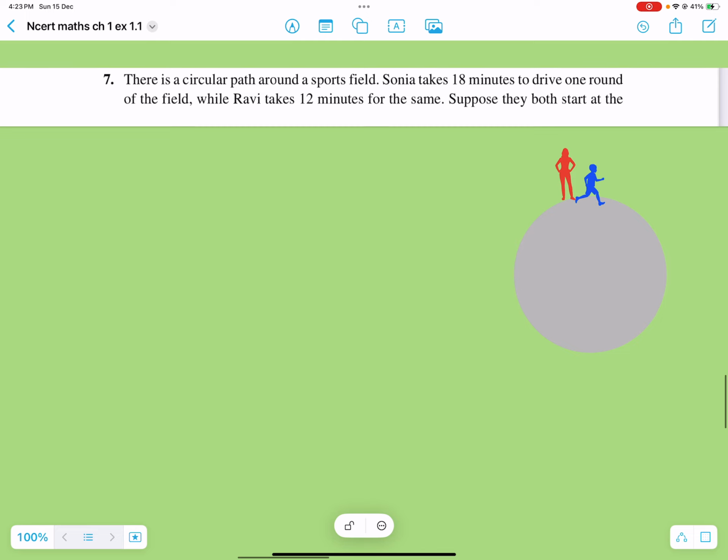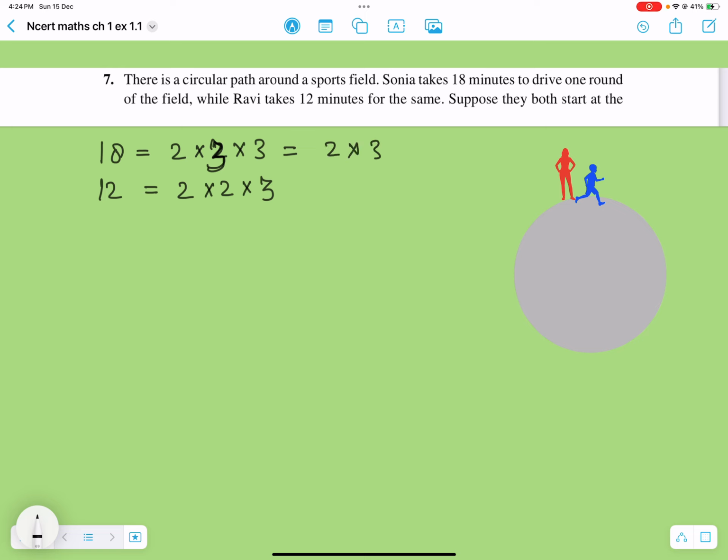So Sonia takes 18 minutes, so 18 would be 2 multiply 3 raised to power 2, and Ravi takes 12 minutes, which is 2 raised to power 2 multiply 3 raised to power 1.